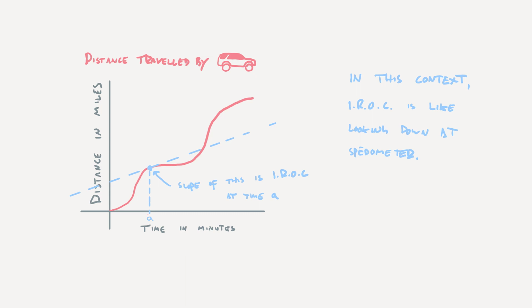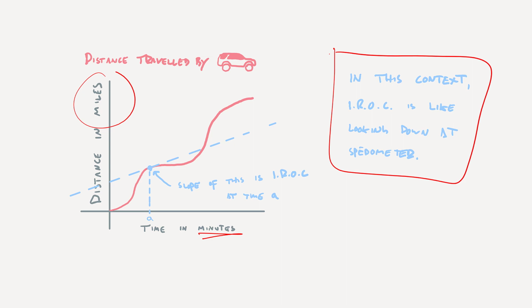Your speedometer is going to tell you what your velocity is, usually in miles per hour. But here, the slope is the same thing, although instead of miles per hour, it's actually miles per minute. Finding your instantaneous rate of change is the same thing as looking at your speedometer in your car. How fast are you going?